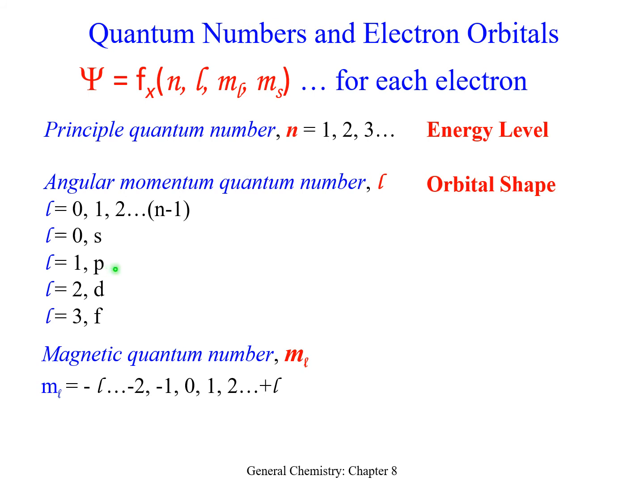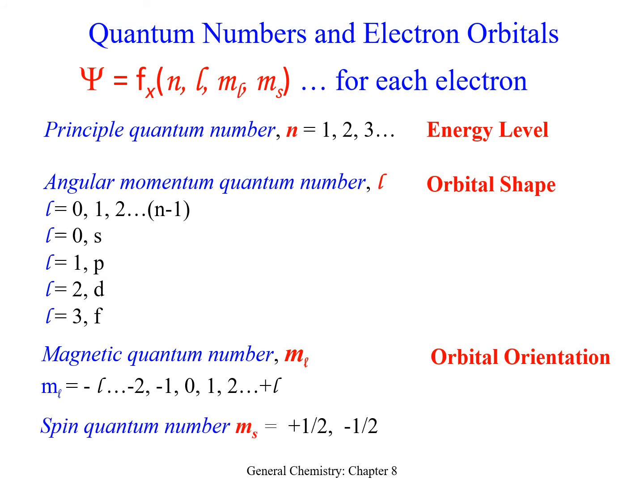If you have a p orbital, as we will talk about in a little while, you have 3 p orbitals, then the magnetic quantum number would start at 0. Because you have 3, you'd have a -1 and a +1. In magnetic quantum numbers, the sign, negative and positive, means nothing in terms of mathematics. It's just a designator around 0. It does not have numeric value. It's a label. And that's the orbital orientation.